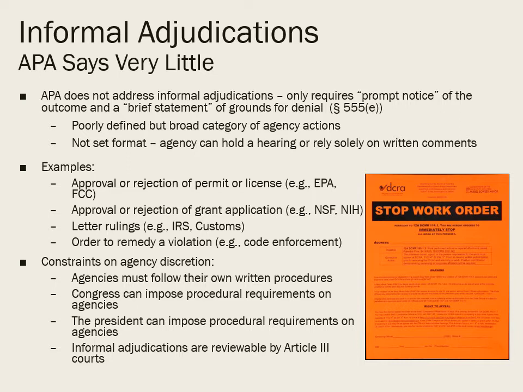So first, if an agency has adopted its own rules and procedures about informal adjudications, it has to follow them. Second, both the President and Congress can impose procedural requirements on agencies. So in other words, they can give the agencies instructions on how to hold informal adjudications. And third, the results of an agency action, including an informal adjudication, can be appealed to the courts.